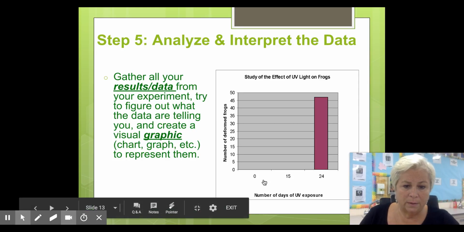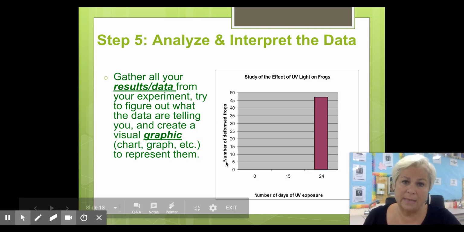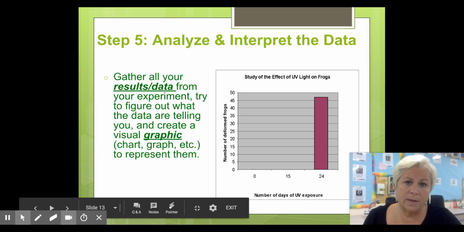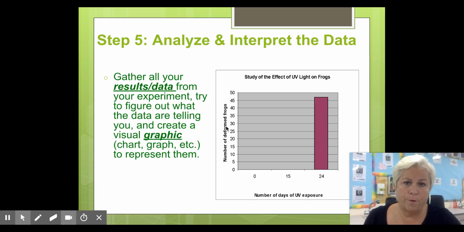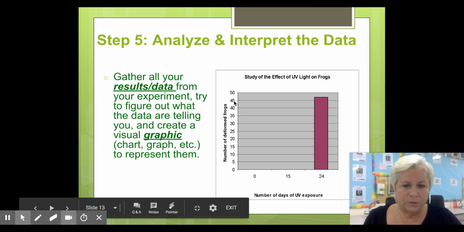Their independent variable down here was the number of days that the frog eggs were exposed to ultraviolet light. Their dependent variable, same as ours in the Freaky Frog experiment, was the number of deformed frogs. And that's just counting, right? That was the data that they collected.